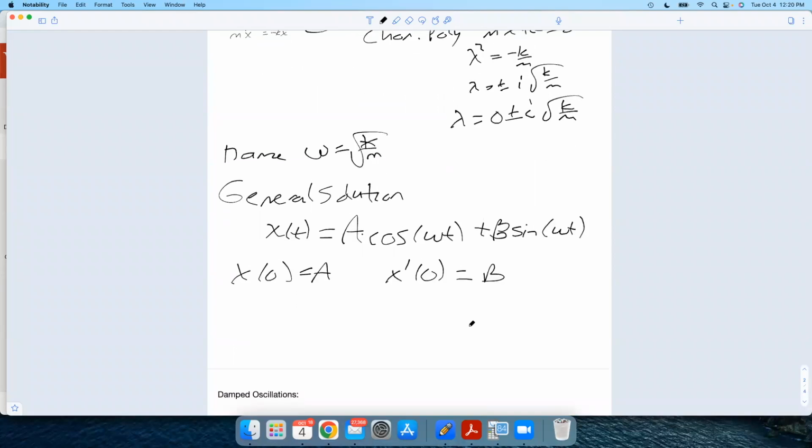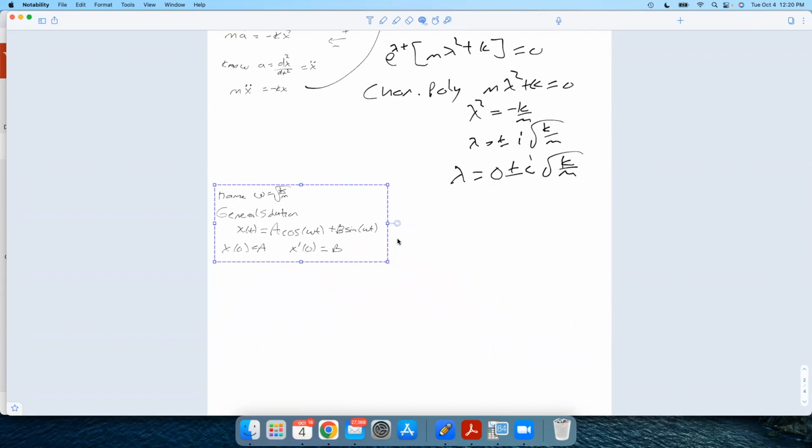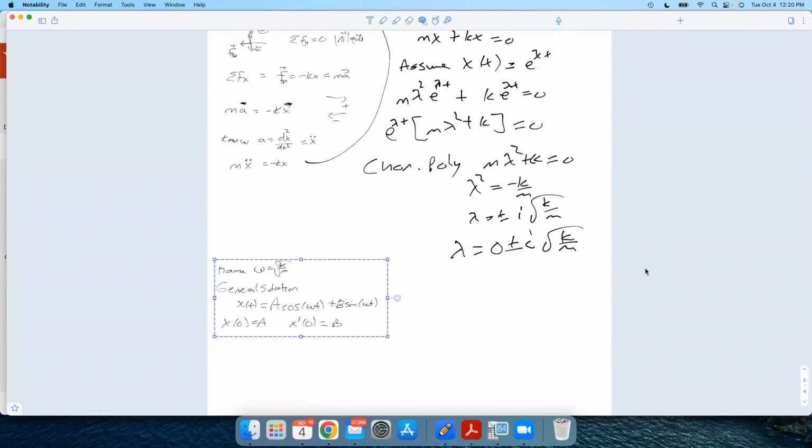So let's take, for example, let's say we had K is 20 newtons per meter and M is 5 kilograms.